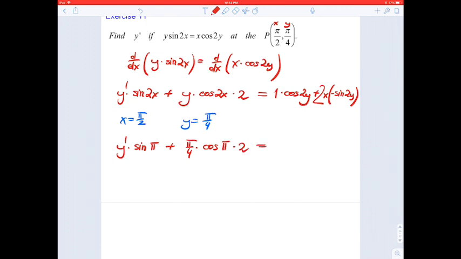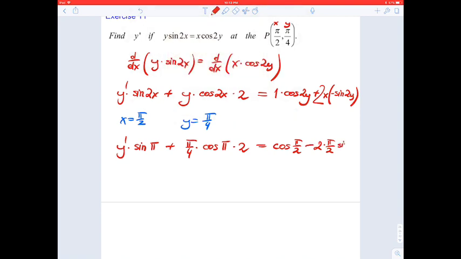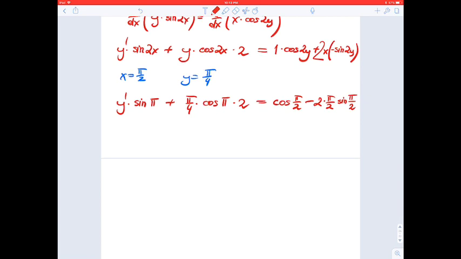Okay, I can leave this one. 1, I will ignore 1. Cosine of 2 times y. 2 times pi over 4 is pi over 2. Plus 2 times x, pi over 2. However, I can put negative because I can put that negative. And then sine of 2 times y, 2 times pi over 4 is pi over 2.